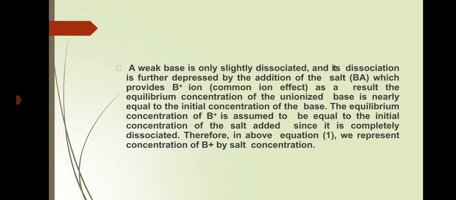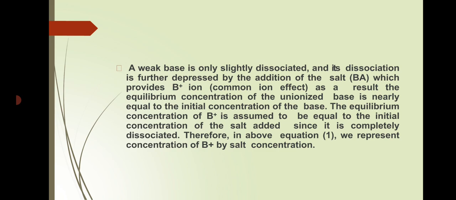A weak base is only slightly dissociated and its dissociation is further depressed by the addition of the salt BA, which provides B+ ion, that is a common ion effect. As a result, the equilibrium concentration of the unionized base is nearly equal to the initial concentration of the base.